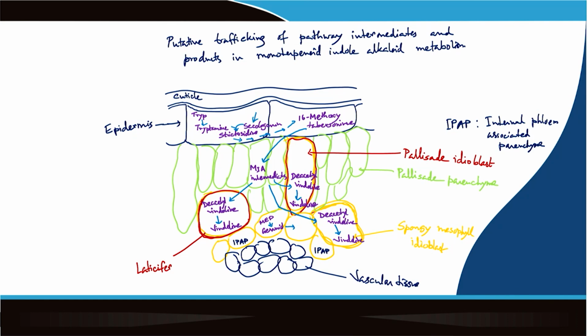So, what we see that in the leaf structure, normally leaf contains the palisade and spongy parenchyma, but here what you see that there are specialized structures formed. One is called laticifer, another is called idioblast.